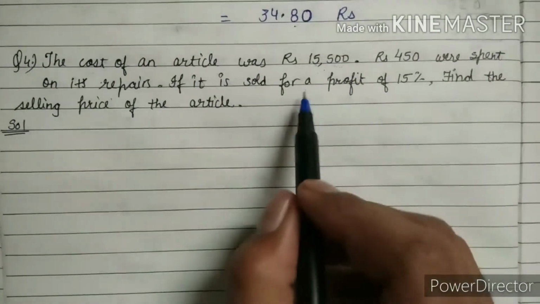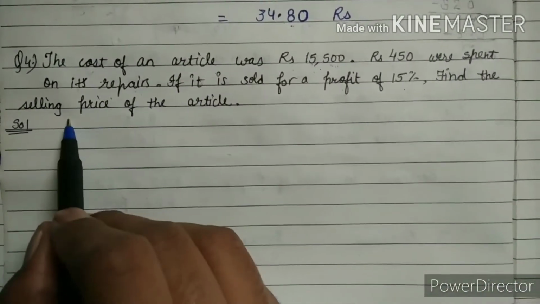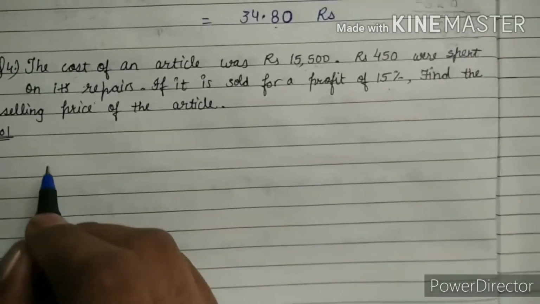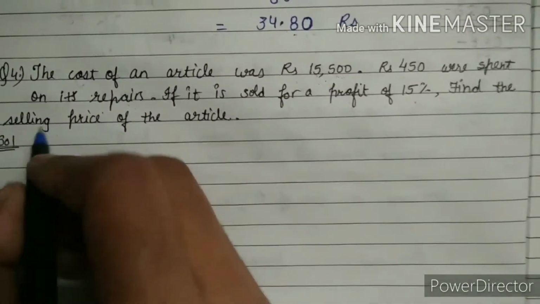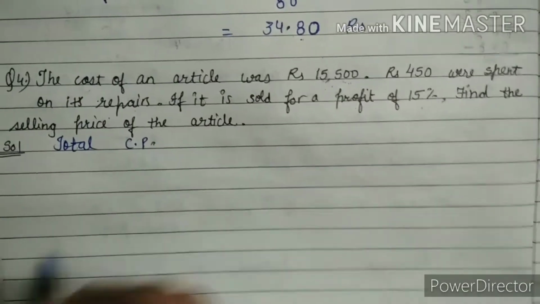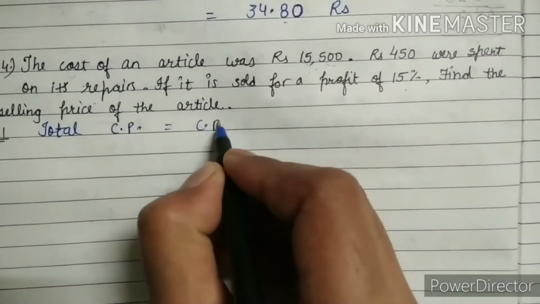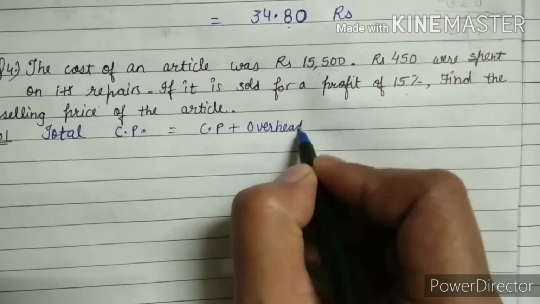If it is sold for a profit of 15%, find the selling price of the article. So let's do it. Firstly, they have given us cost price and overhead. So that's why we are writing here total cost price, which is cost price plus overhead. Overhead means repair.